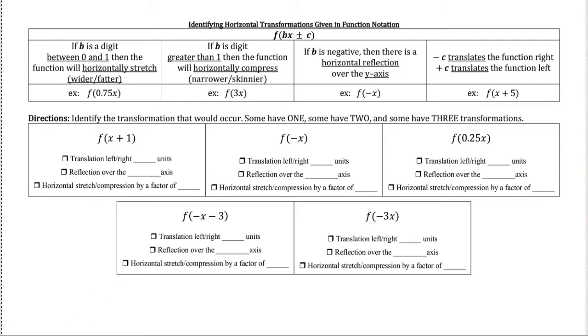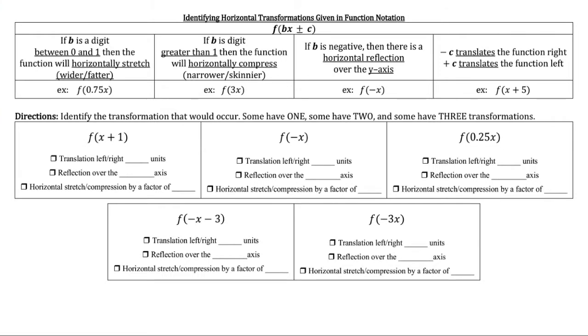Let me just zoom in a little bit. Alright. So, remember a cheat sheet right here, or cheat notes right here, I guess. If we're on the inside, normally we would think going right, translation, right?